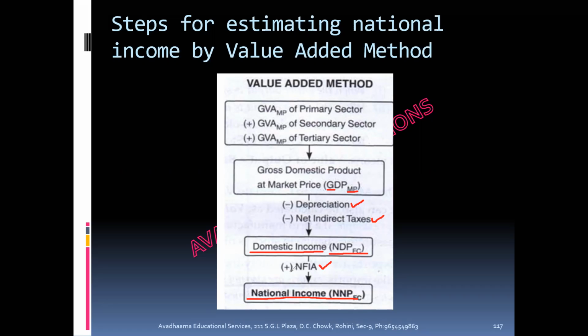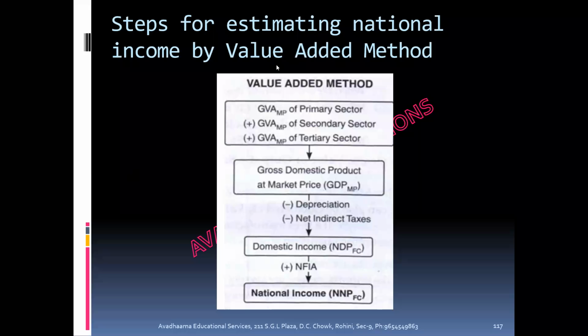If we add NFIA to domestic income, we get the final answer, that is our national income. I hope this algorithm for calculating national income by value added method is clear to everyone.